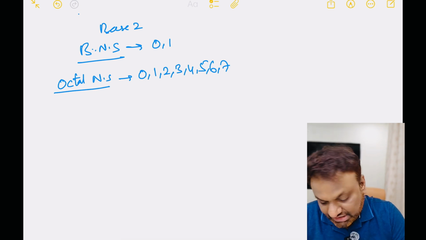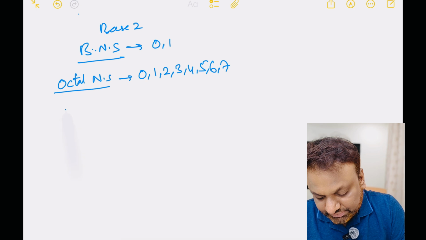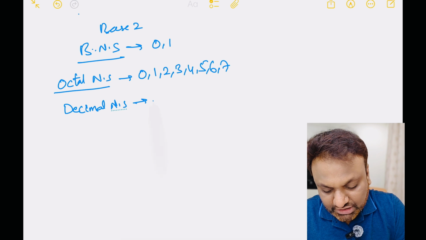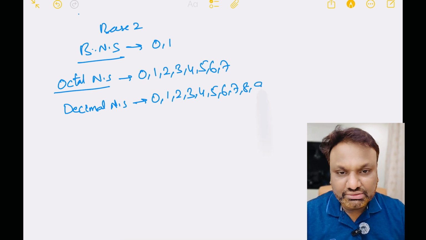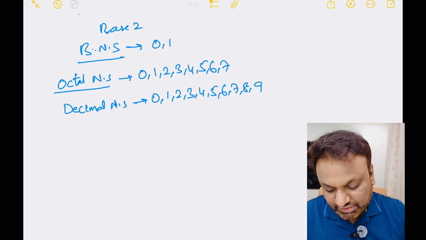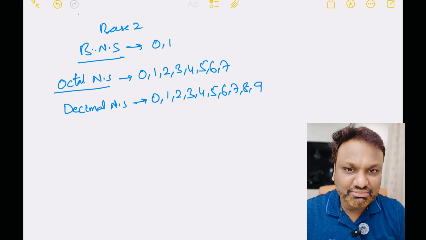Total numbers are 8. Similarly, the decimal number system, which we already know, uses 0, 1, 2, 3, 4, 5, 6, 7, 8, 9. Other numbers, right from 10, are combinations of 0 to 9 only.